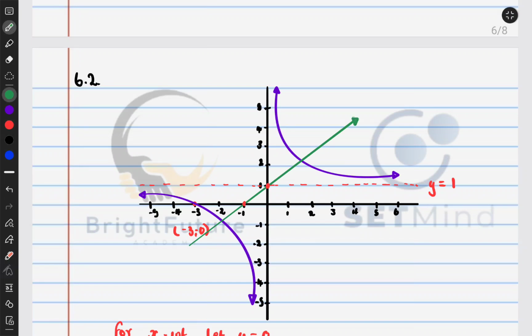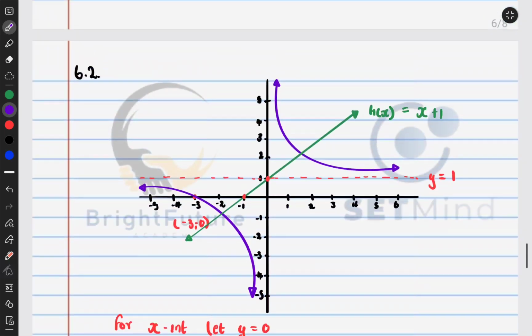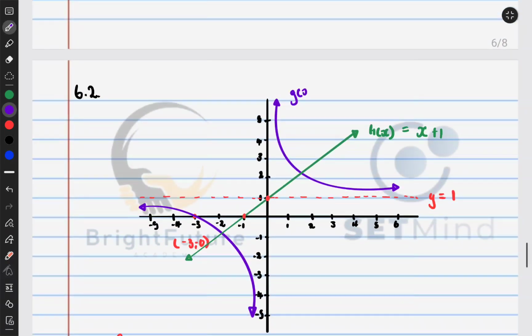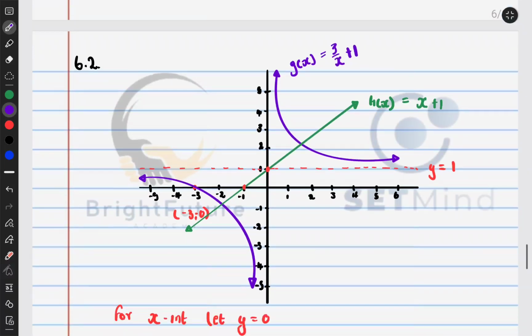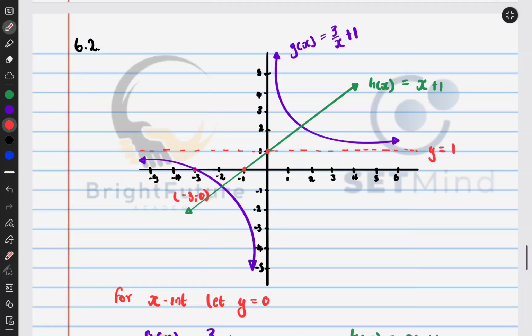The axis of symmetry of the hyperbola. This one is h(x) is equal to x plus 1, and this one is g(x) is equal to 3 over x plus 1, and then the intercepts are (-1, 0).